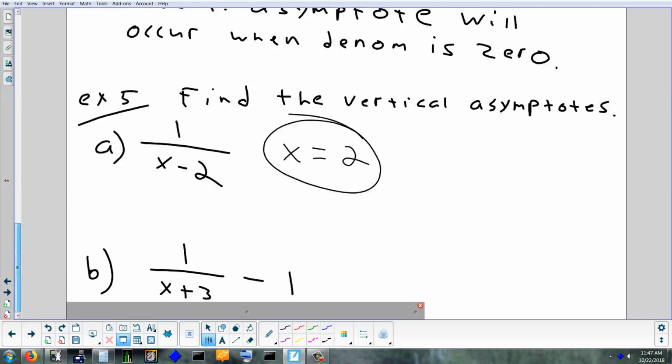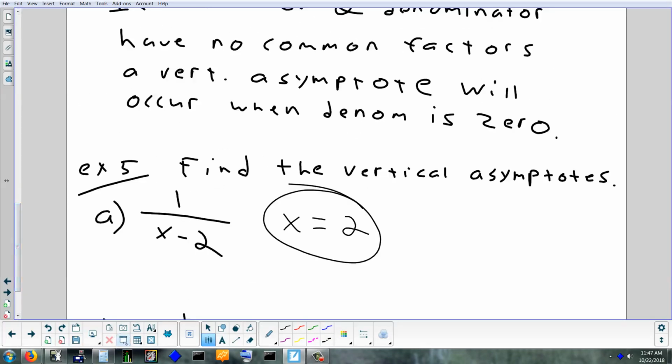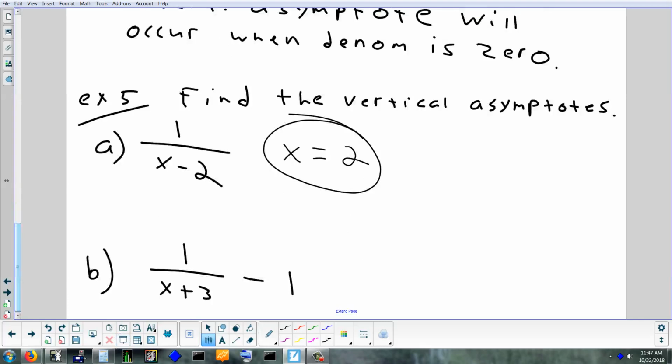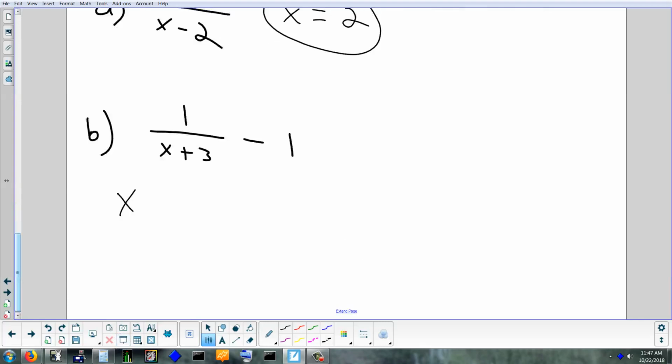Let me try this one. Okay, what would be my vertical asymptote here? Yep. -3. What's that -1 doing? That's going to affect something, but it does not affect the vertical asymptote. What does that affect?